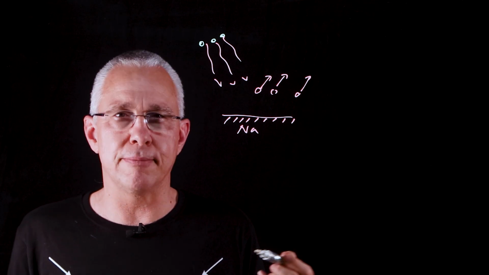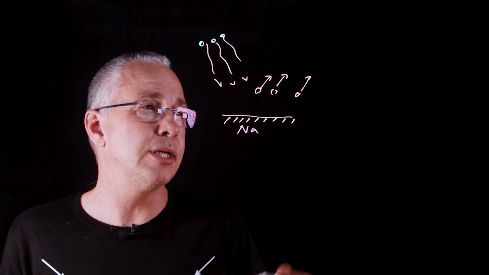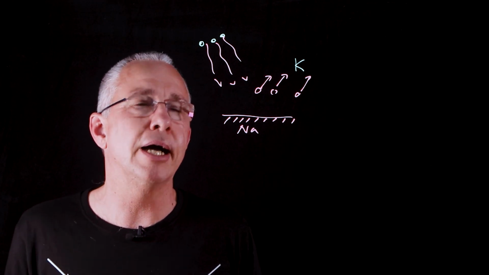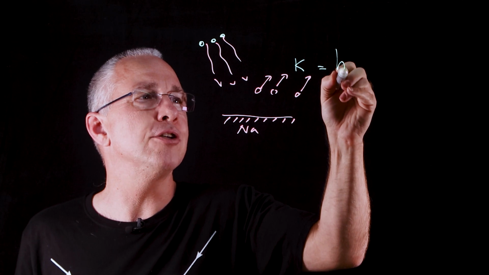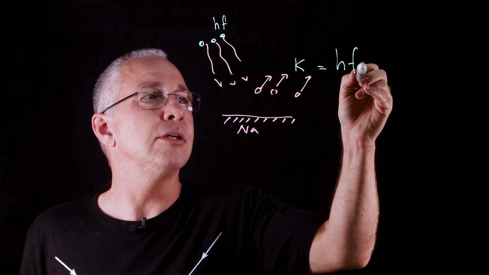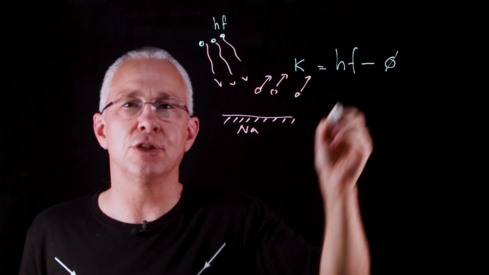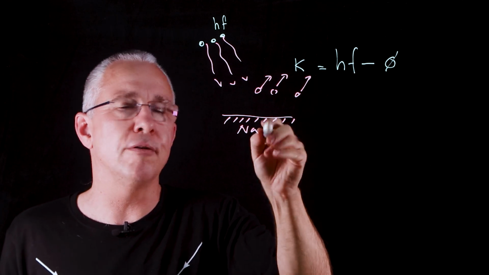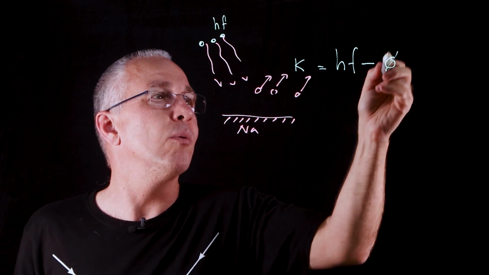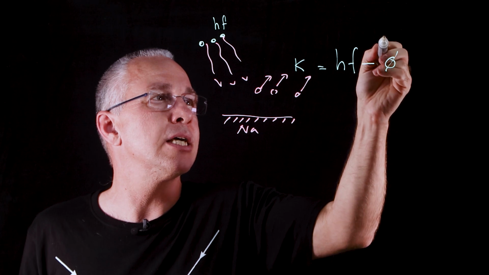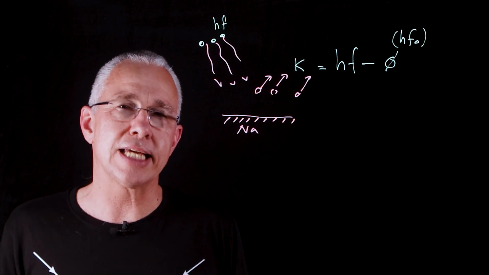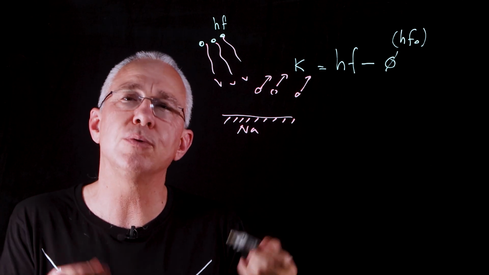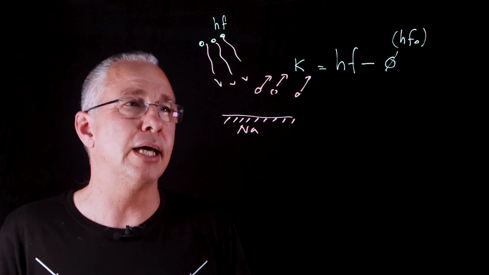And so we now get a mathematical formula that Einstein was able to demonstrate. The kinetic energy of my photoelectrons is determined by the energy of my photons, which is hf, minus the work function, which is the value of the minimum energy. Instead, I can also call it hf₀, where f₀ is what we call the threshold frequency, which we're going to talk about in a moment.